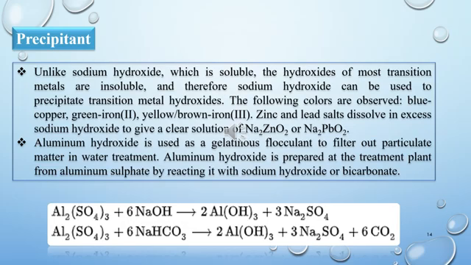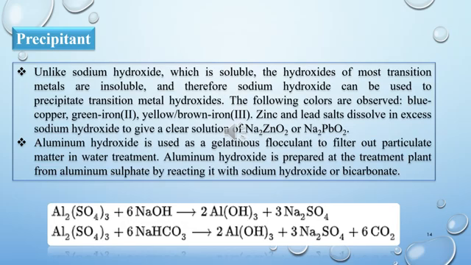If it gives you blue color, then it is copper. If it gives you green color, then it is iron 2 oxide, or the compounds in which the oxidation state of iron is 2. If it gives you yellowish or brown color, then there are iron 3 compounds. Zinc and lead salts dissolve in excess sodium hydroxide and give a clear solution.